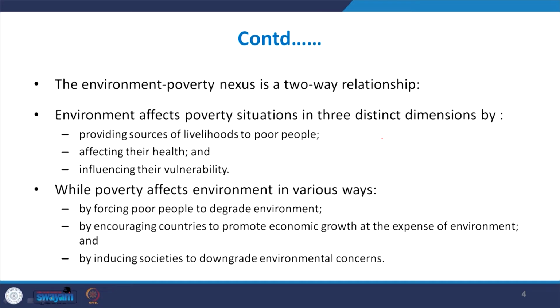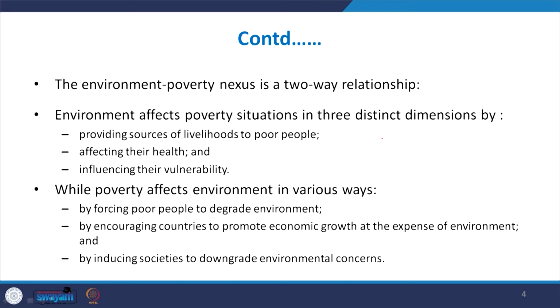So, if environment is improved, then all these three dimensions of poverty will go in a positive direction: livelihood will improve, health will improve, and the poor people will have less vulnerability to the environmental risk, and therefore their well-being will be improved. This is one argument or one way to establish the relationship between environment and poverty.